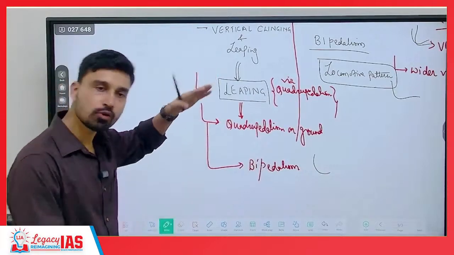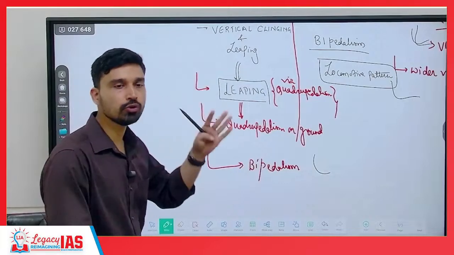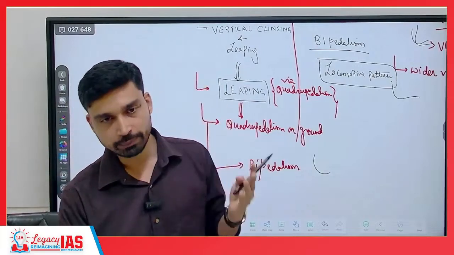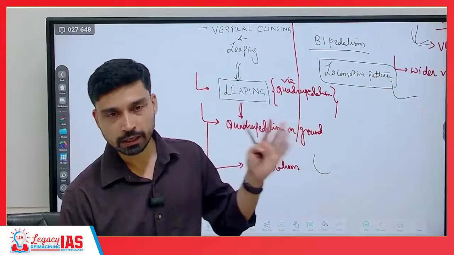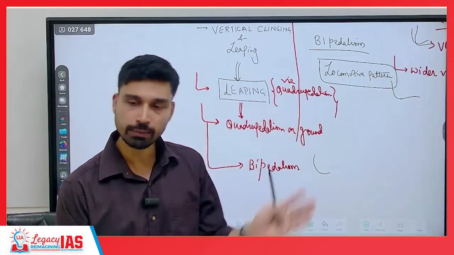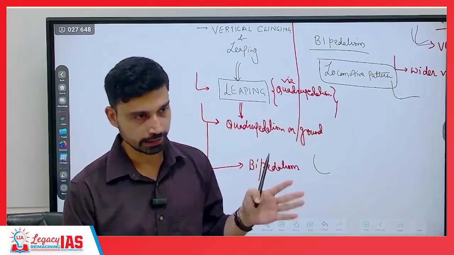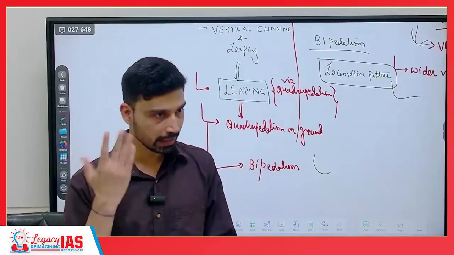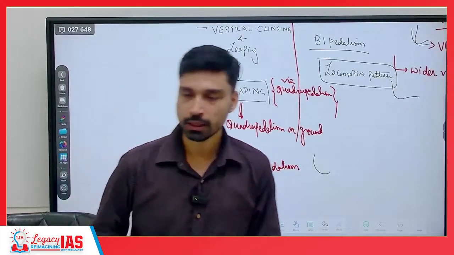Now, skeletal changes we have already discussed. When talking about the comparative anatomy of man and ape, I told you what kind of structural changes help in bipedalism. So the same points we have to take from there and write. For example, you will write about the foramen magnum that has come to the bottom of the skull.